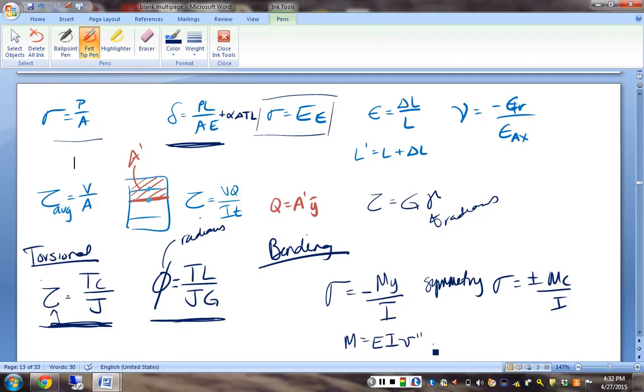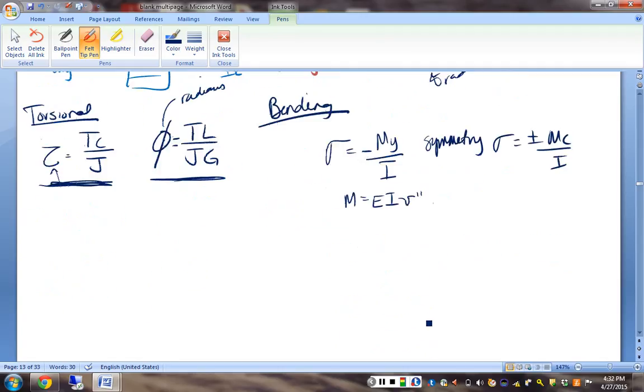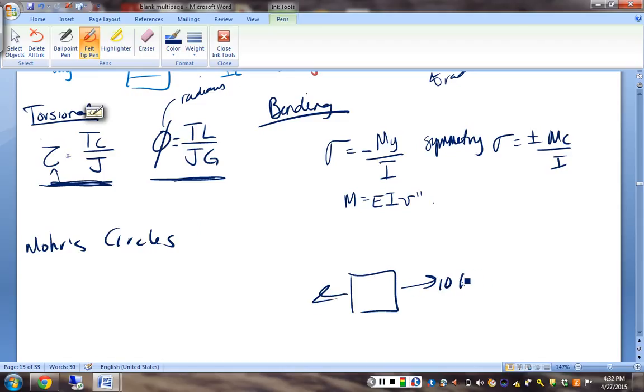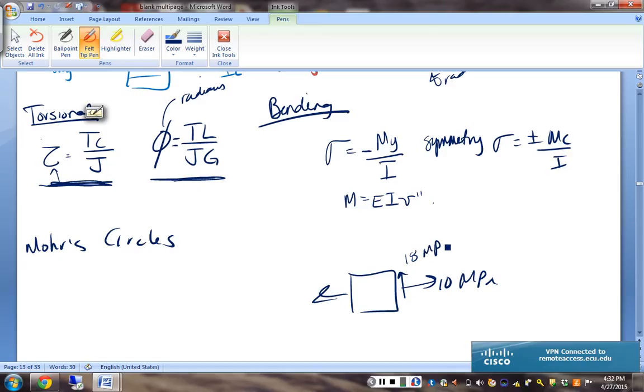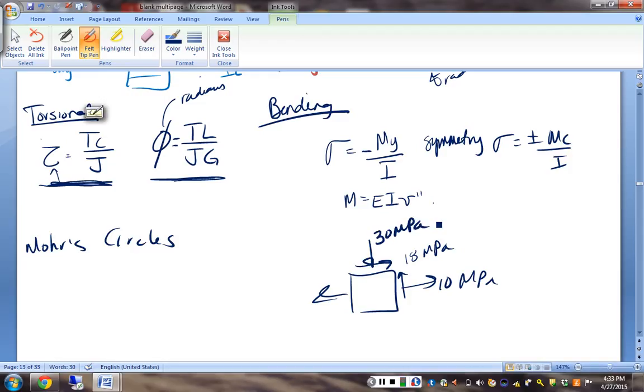You also need to realize, identifying a stress state, so if I just draw something that looks like this, that says, I don't know, 10 megapascal, 18 megapascal, and 30 megapascal, what do those things mean?